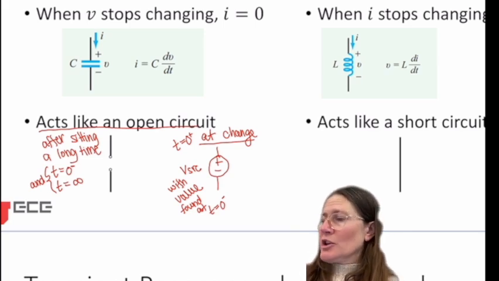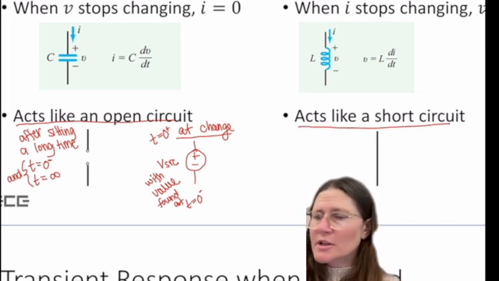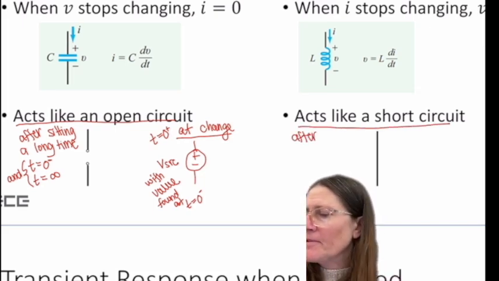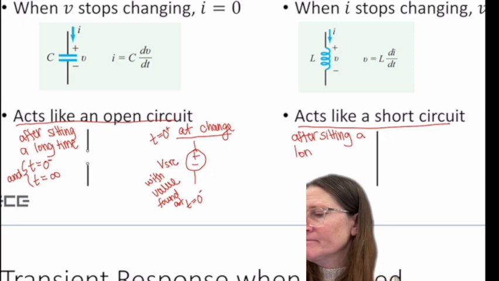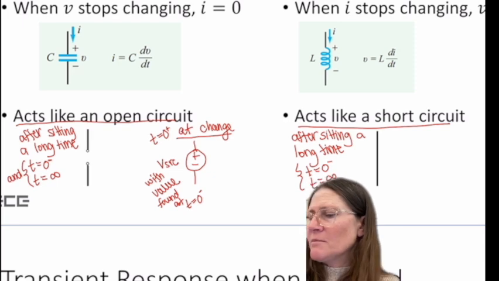For the inductor, it acts like a short, so it's going to be a short after sitting a long time. Again, it's at both t equals 0 minus and t equals infinity.